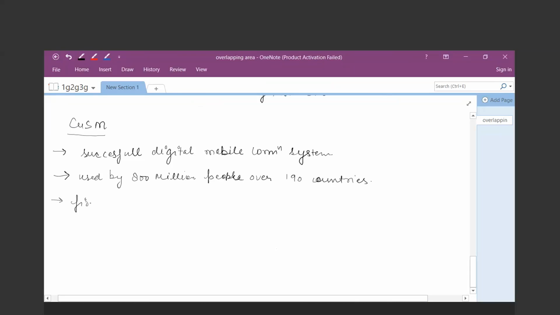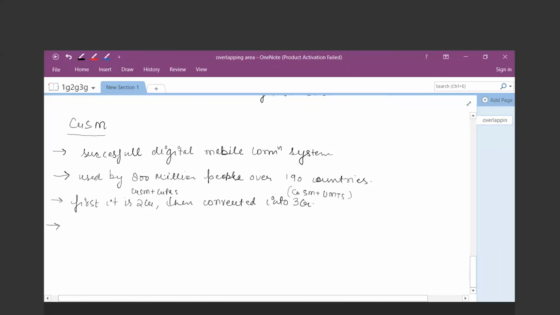So its first research is included in the 2G system, but after the launching of GPRS, it is converting into 3G. So in 2G, it is GSM plus GPRS, and in 3G, it is GSM plus UMTS.